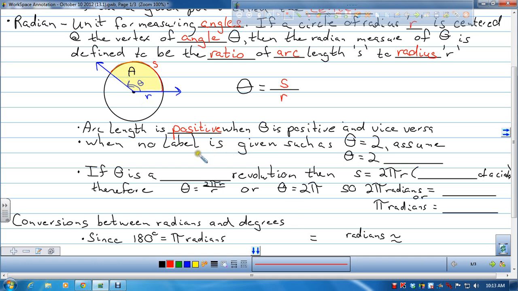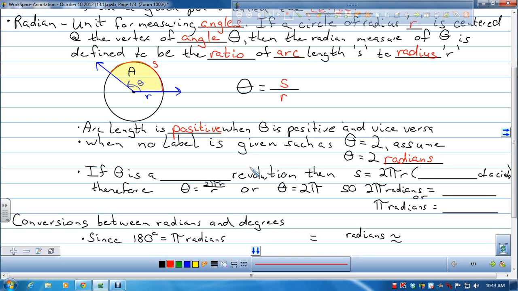So differentiating between degrees and radians, when no label is given with the angle theta, we are going to assume that it is being measured in radians and no longer in degrees.